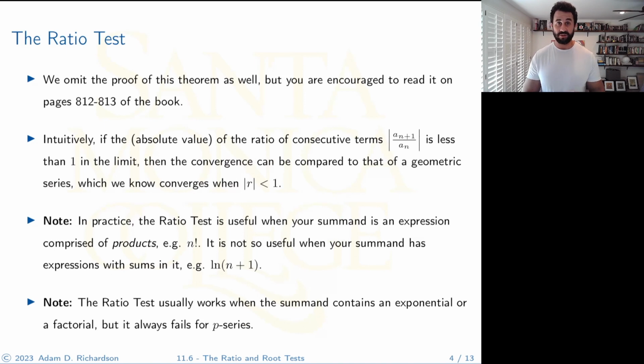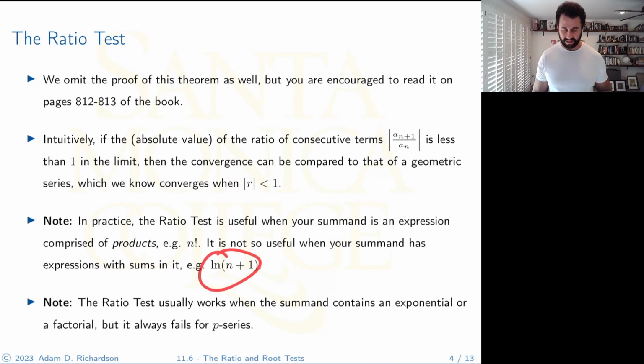It is not so useful when your summand has a bunch of sums in it. So for example, ln of n plus 1. The ratio test is not a very helpful test when you have expressions like this, mainly because you are hoping for some kind of multiplicative cancellation through this process.